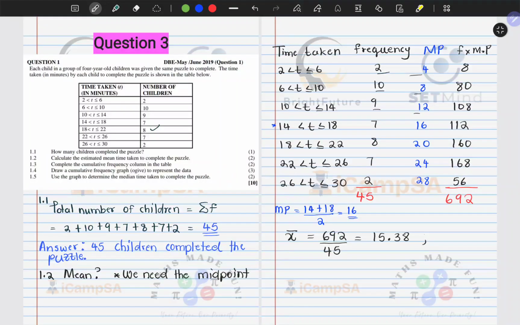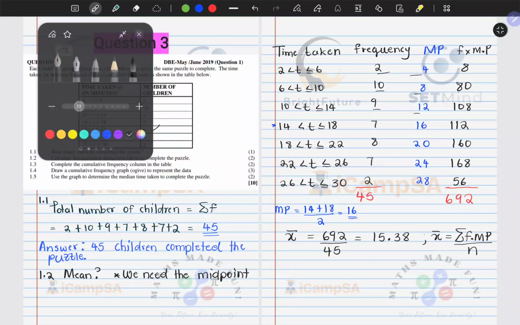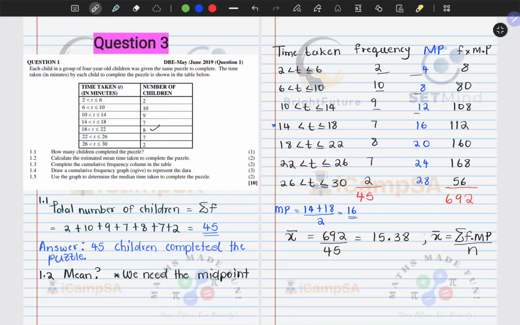Remember that your mean is always given by the sum of your frequency times your midpoint, divided by n. That's the definition. So our mean time taken to complete the puzzle is 15.38.